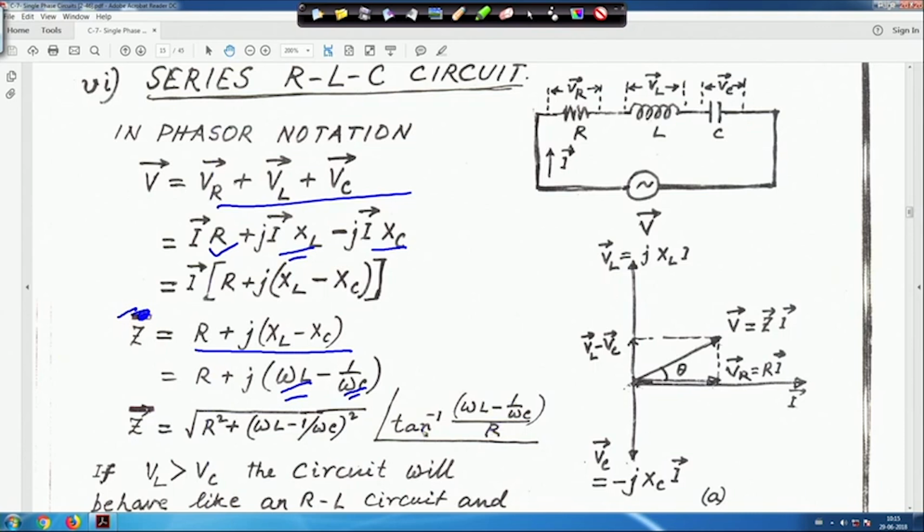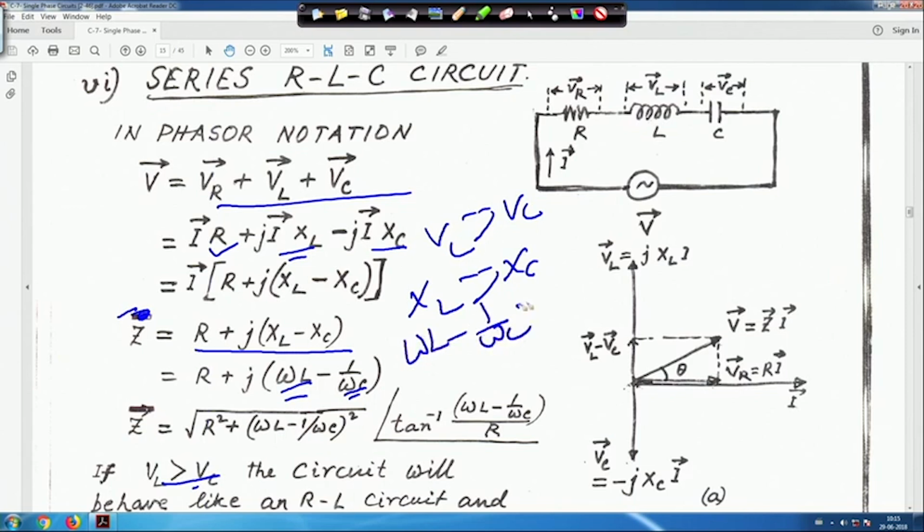Now, if VL is greater than VC, or XL is greater than XC, the circuit will behave like an inductive circuit. If XL is greater than XC, that means omega L minus 1 upon omega C is greater than 0, that is positive, so my angle theta will be positive.